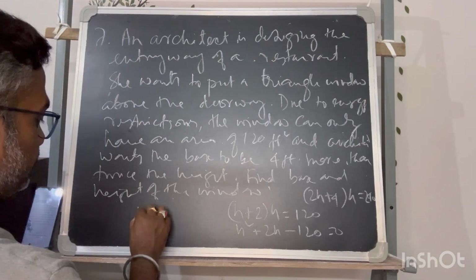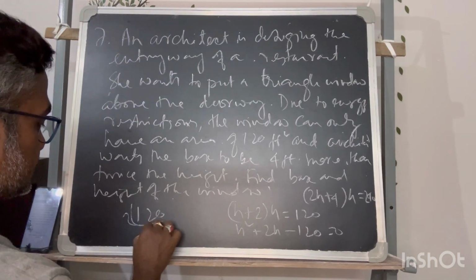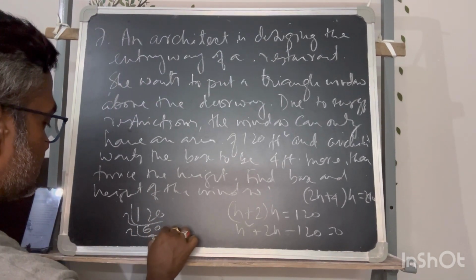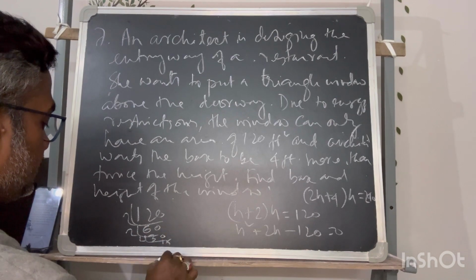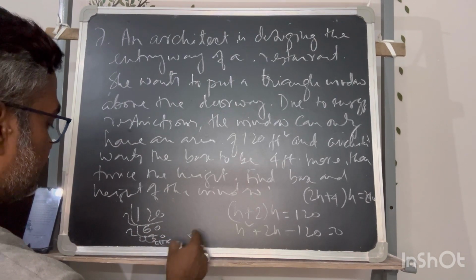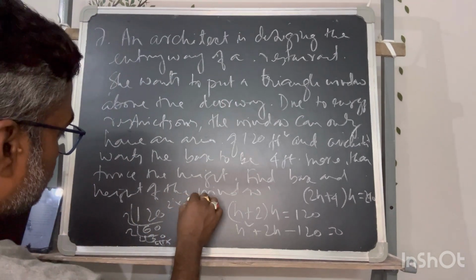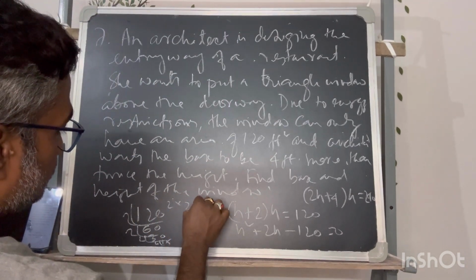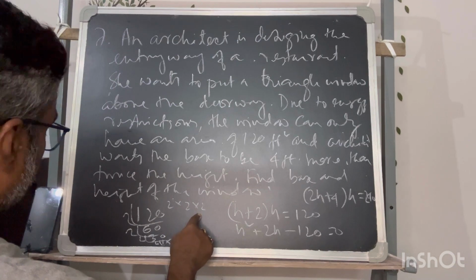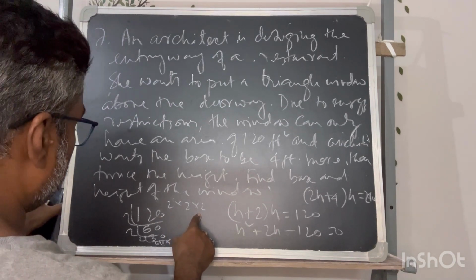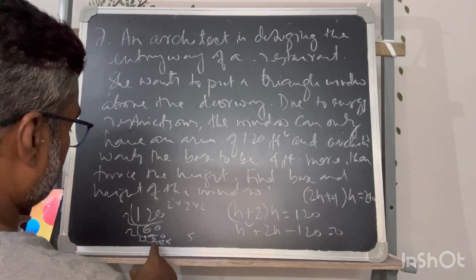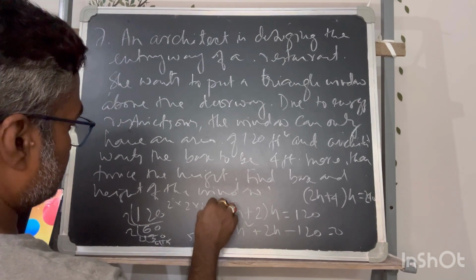Now 120 can be factorized into 30, 2, 15, 3, 5, 3. The 2 will come 2 into 2 into 2 is 8, 8 into 5 into 3 into 5.